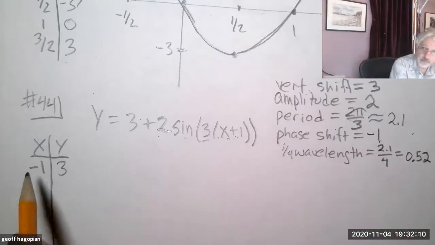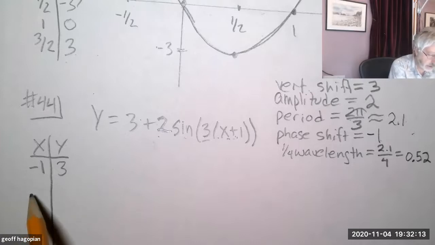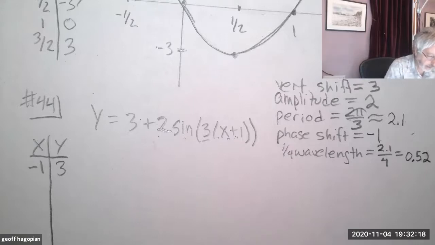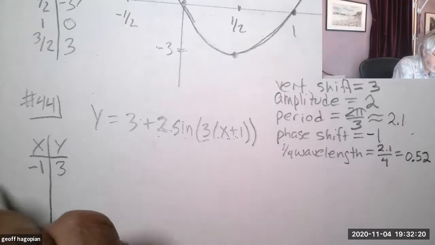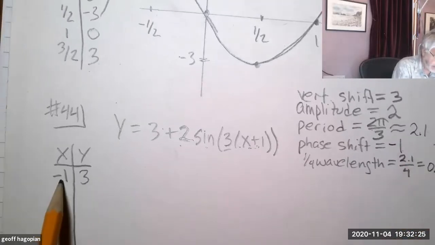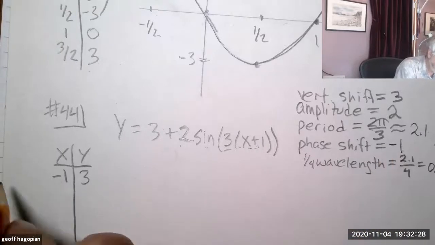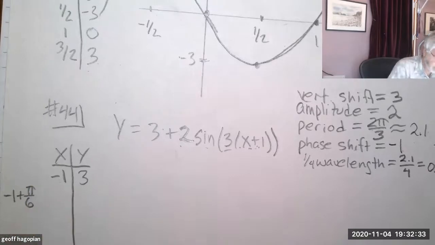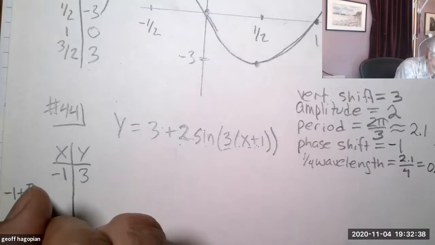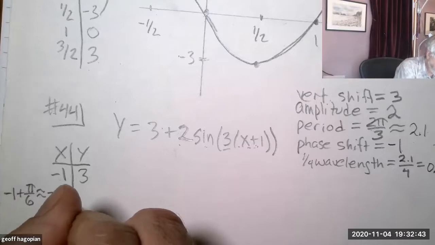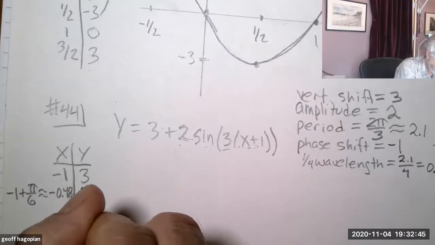Okay, so now do we want to put approximate values in this table or exact values? Well, we're going to make a graph, right? So we probably want approximate values. Let's put both in, okay? So my starting value -1 plus a quarter wavelength, which is pi over 6, so -1 plus pi over 6, and that's approximately -1 plus 0.52, which is going to be -0.48, where we'll be at equilibrium.